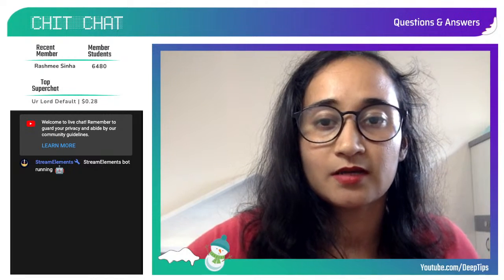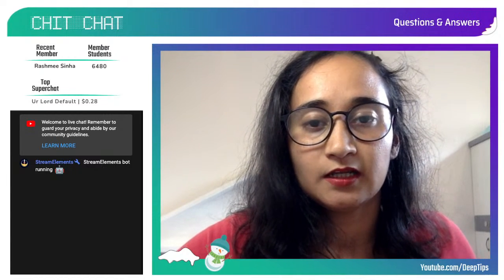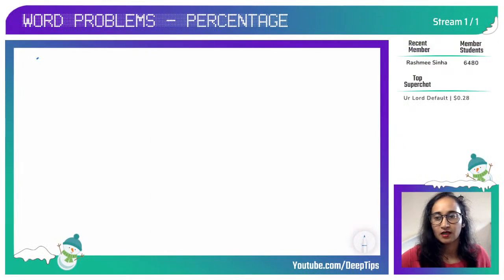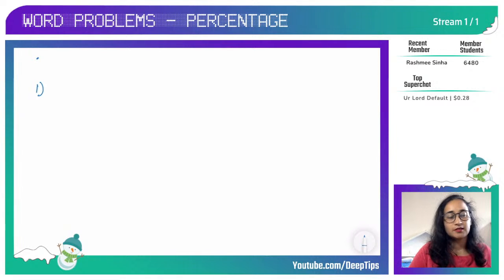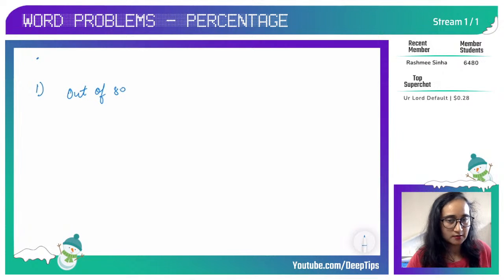Okay, so let's take one simple question. I'm going to switch my screen. Yeah, I hope everyone can see my screen now. So here is my first question. Now listen to it very carefully: out of 80 students, 20 are girls.